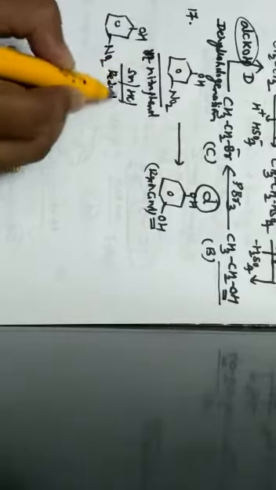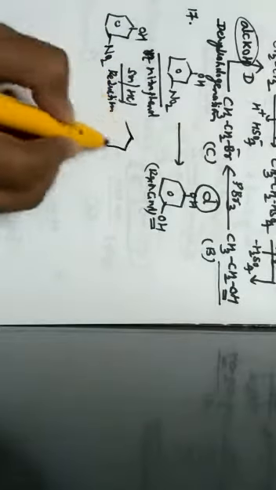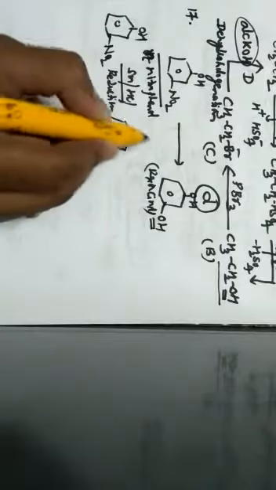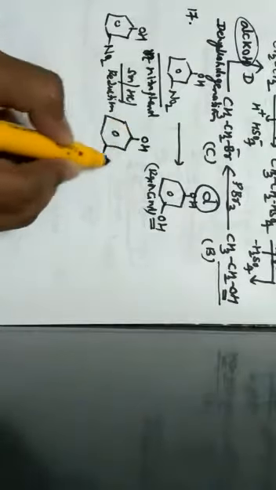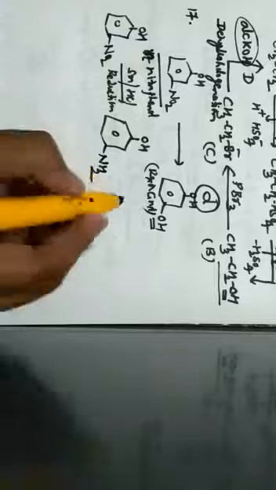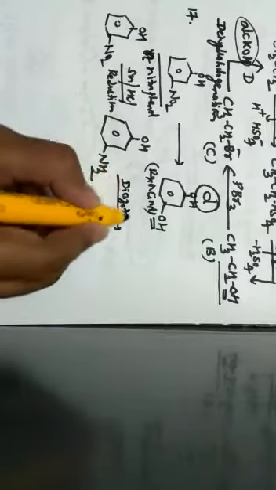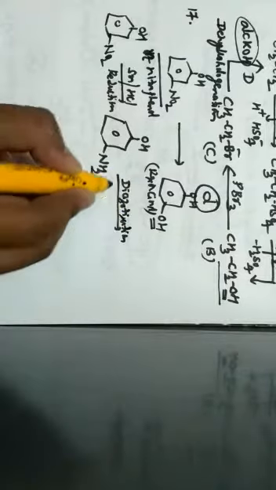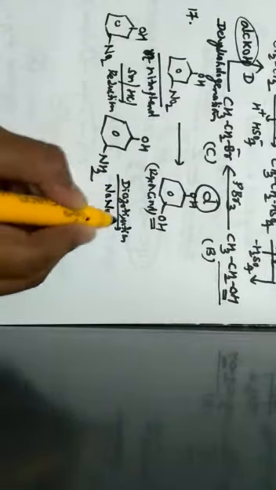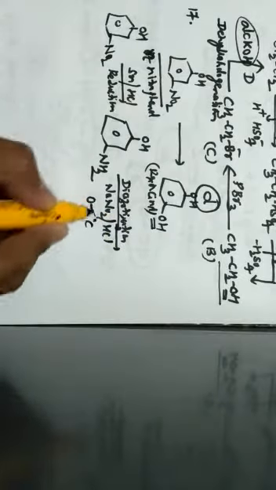When reduction takes place, OH will be retained, and NO2 gets converted to NH2. Further, subject it to a diazotization reaction, which takes place with NaNO2 along with HCl by maintaining a temperature of 0 to 5 degrees Celsius.